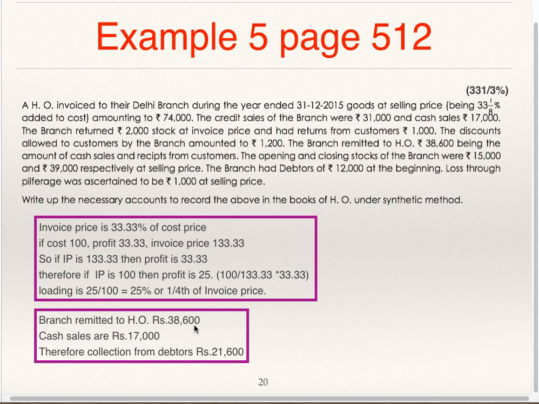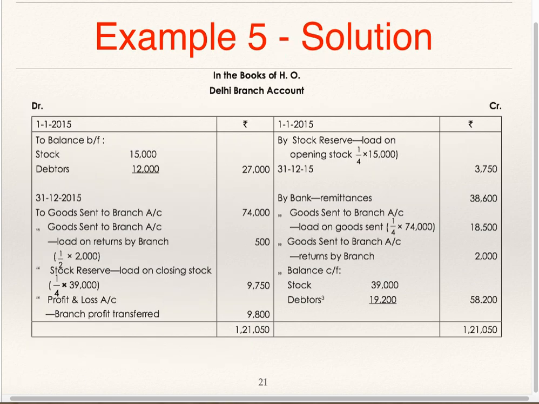Branch remitted to head office 38,600. Cash sales are 17,000, so collection from debtors is 21,600. In the books of head office, Delhi branch account: to balance brought down, stock and debtors, this figure is given. You are supposed to find out loading of this 25%, 1/4, by stock reserve 3,750.